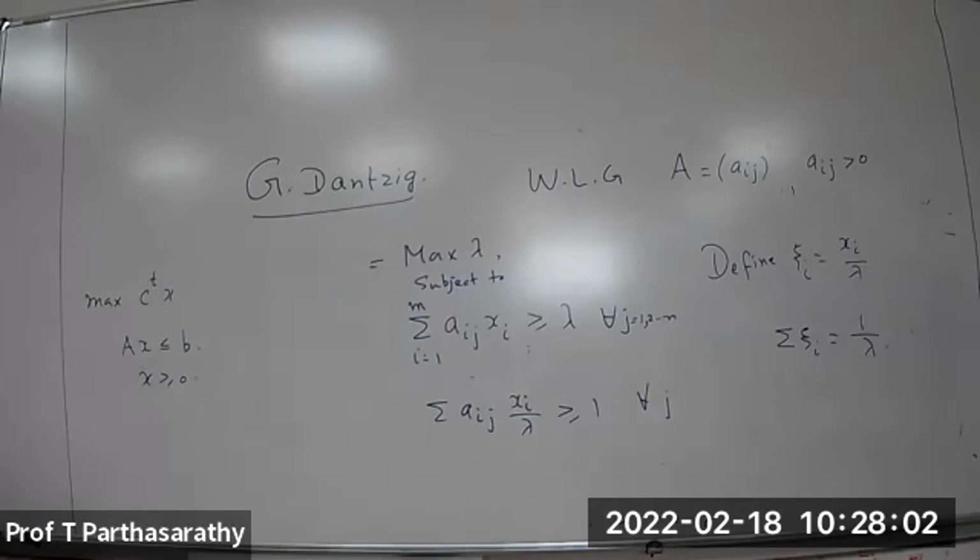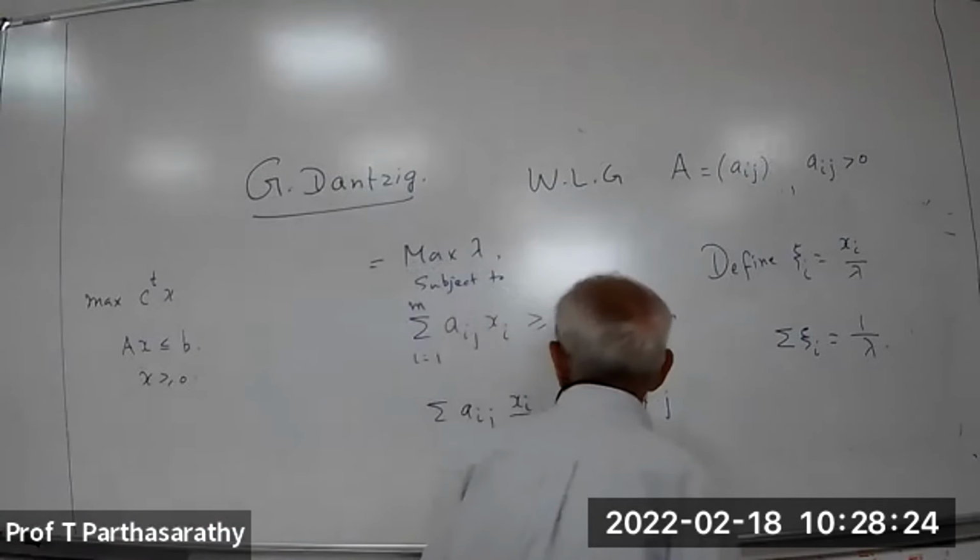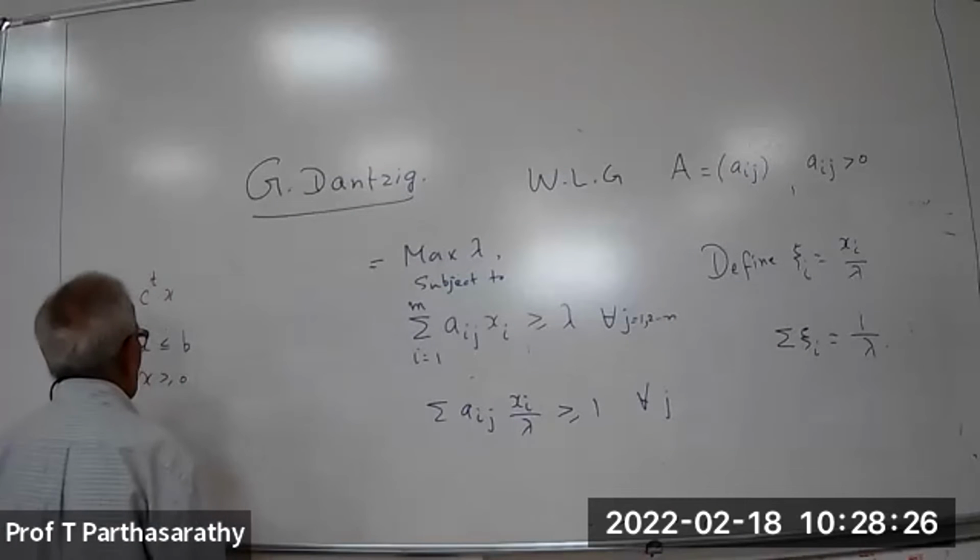Because you are going to be within the realm of probability space, summation xi is always 1 because you are calculating the expected value. Instead of maximizing lambda, you can minimize 1 by lambda. Maximizing lambda is the same as minimizing 1 by lambda. But what is 1 by lambda? It is summation xi. So this problem reduces to the following. I will write it here.